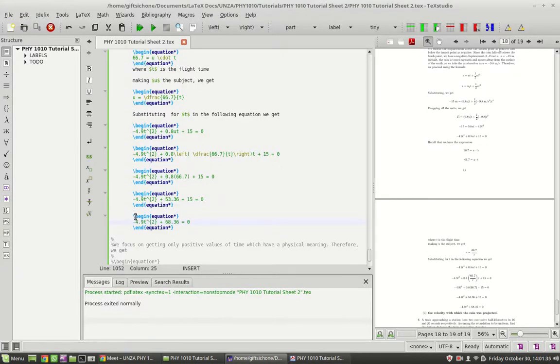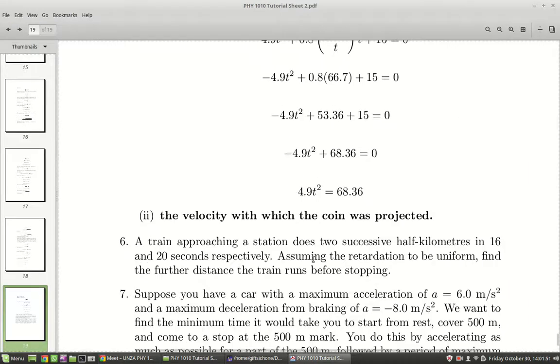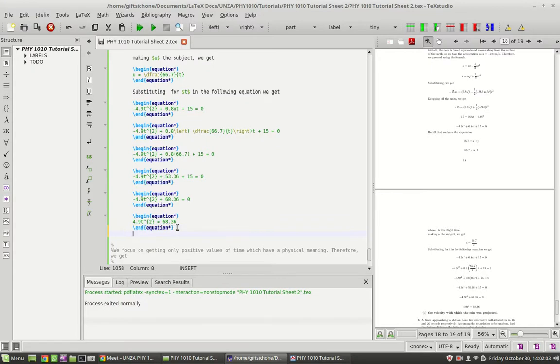Then I can write this as equal to 4.9 t squared, 68.36. Divide both sides by 4.9. We get the equation t squared equals 68.36 divided by 4.9.